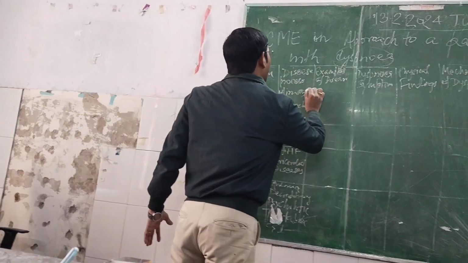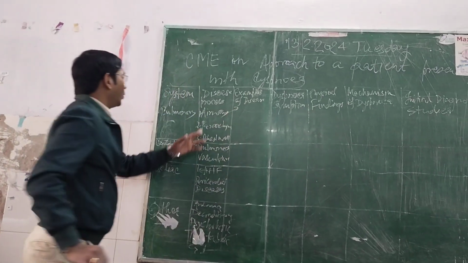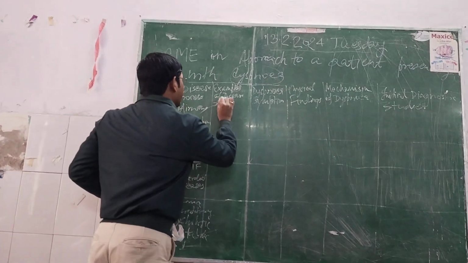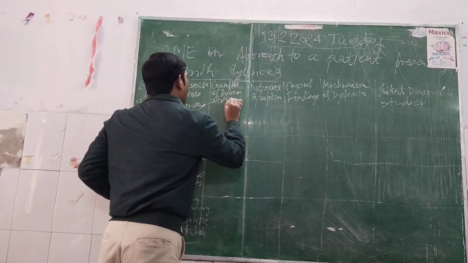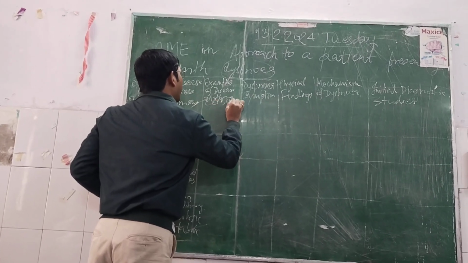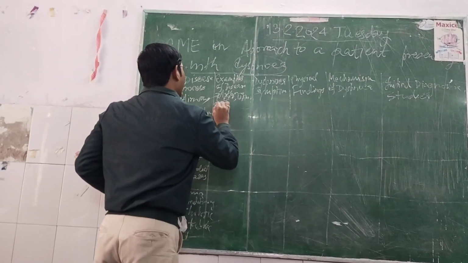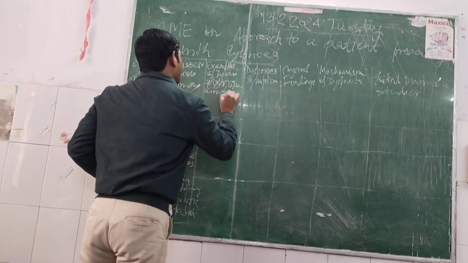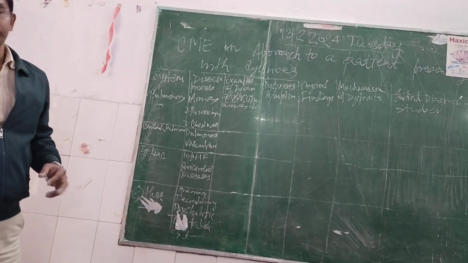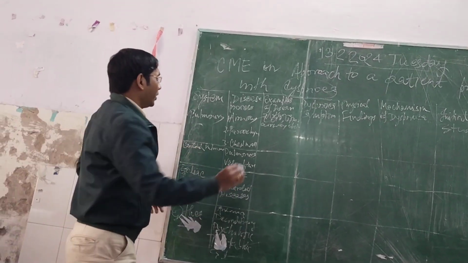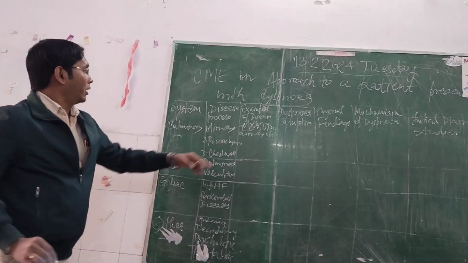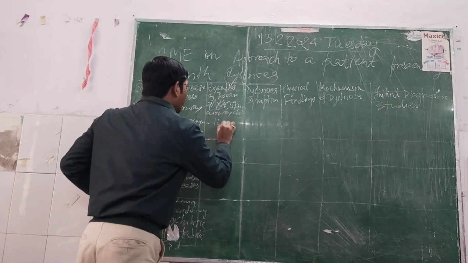Now the examples of airway disease. Now you can write airway disease. Examples of airway disease will be asthma, COPD, and upper airway obstruction. And in case of parenchymal disease, interstitial lung disease, ILDs.